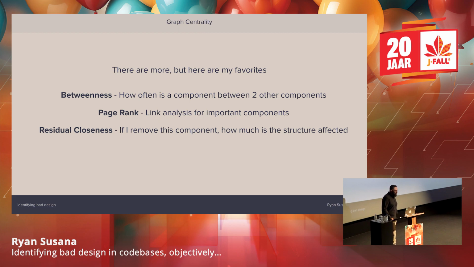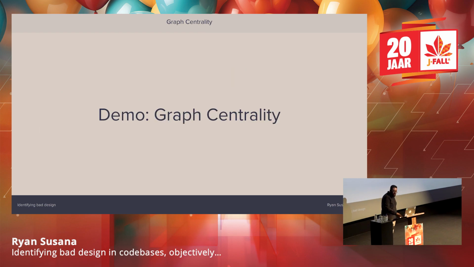It basically measures, if I were to remove a component from the graph, how does it affect the structure of the entirety of the code base, or the closeness or centrality of the other components in that graph. So we're actually going to demo some of these metrics and how they might be useful for identifying bad design.